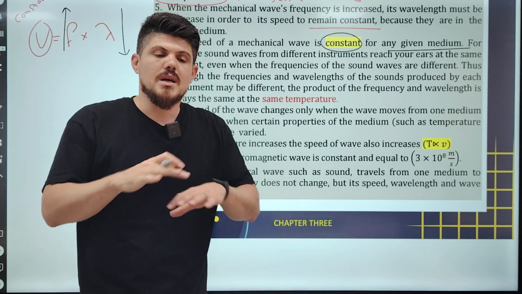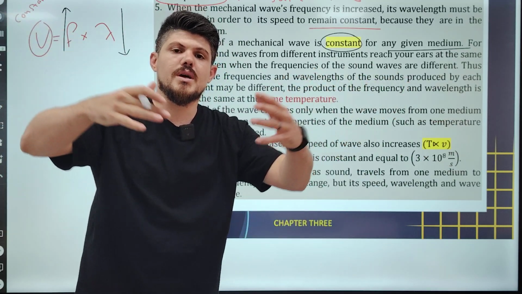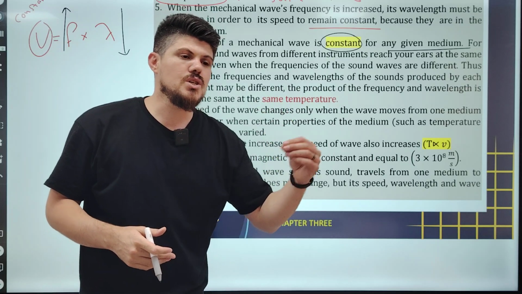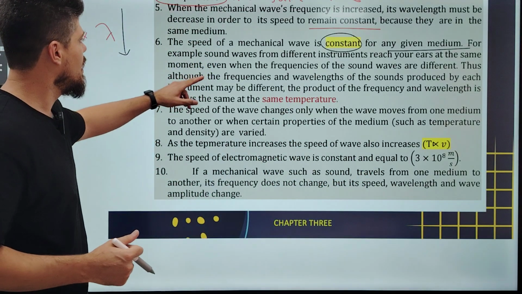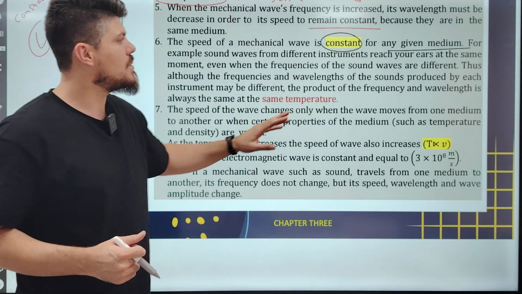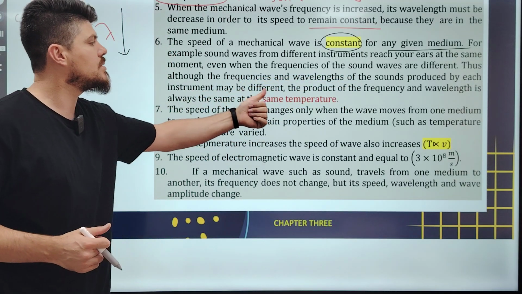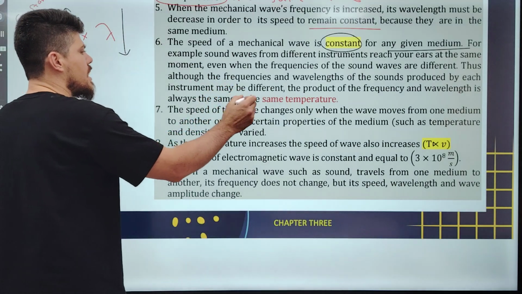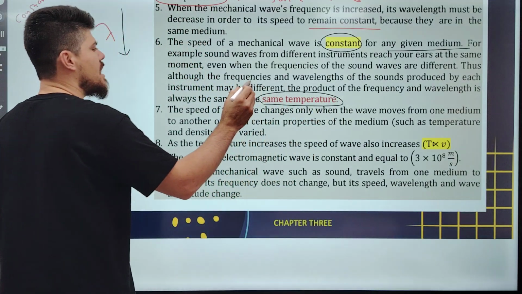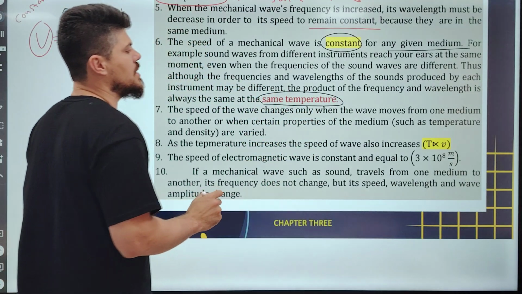So we can say that the speed of all instruments is equal, but each instrument has its own frequency and wavelength. The product of the frequency and the wavelength is always the same at the same temperature and the same medium.